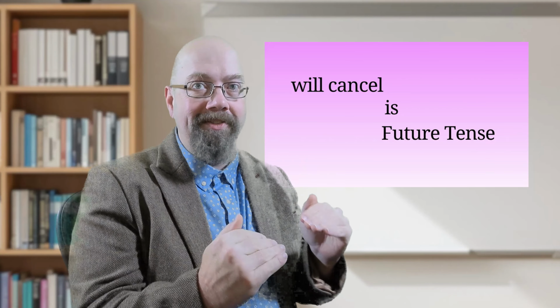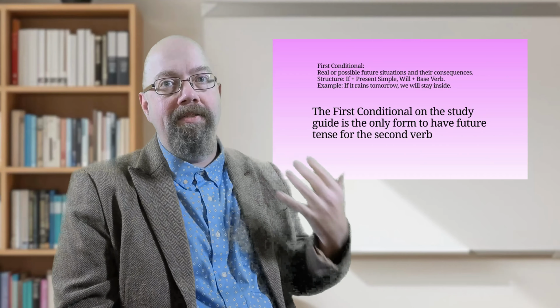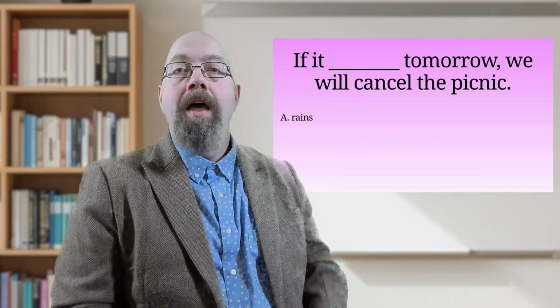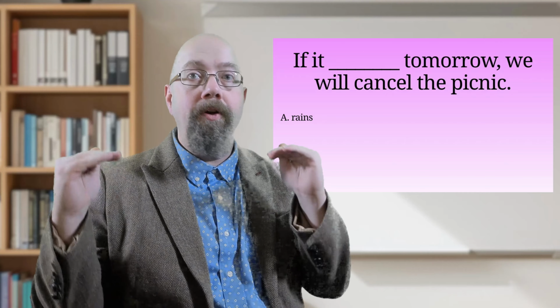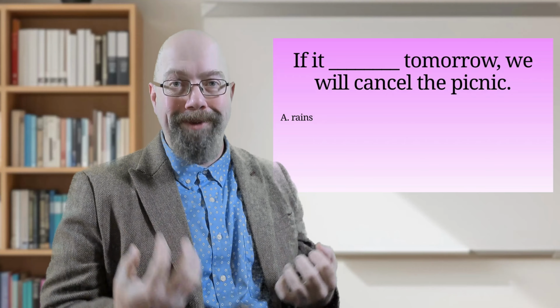That would be simple present tense, and future tense if we expect that something might happen. That's how we say it. If it rains tomorrow, we will cancel the picnic. The answer is A.